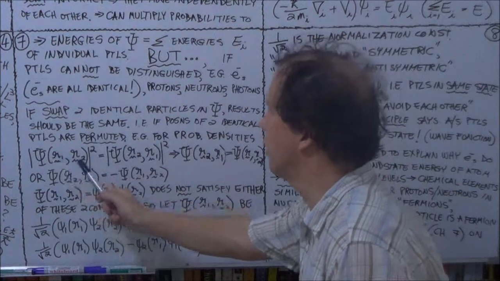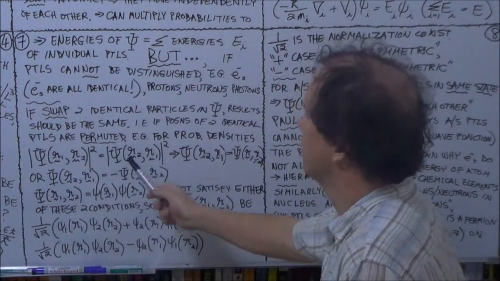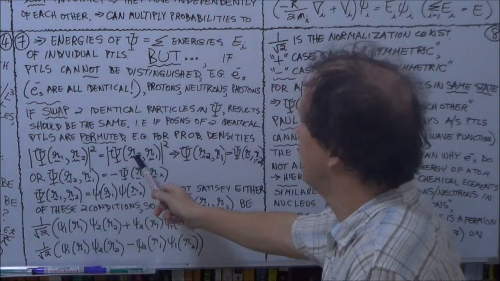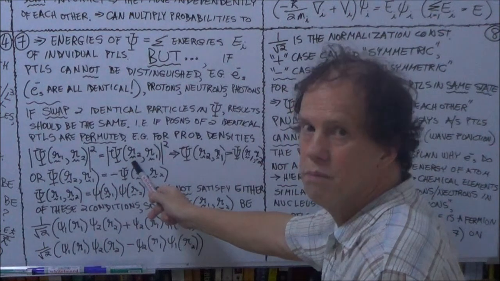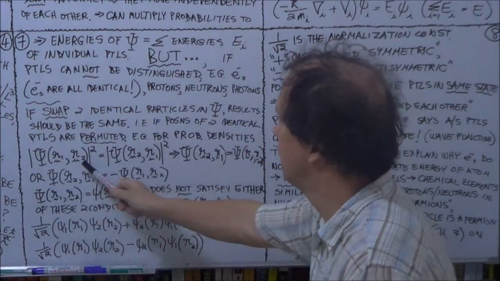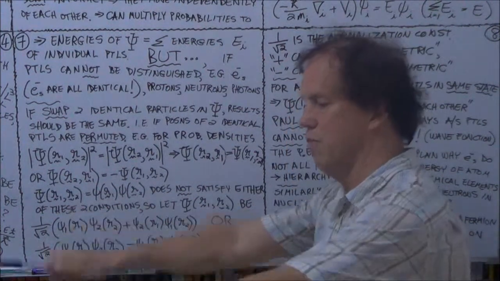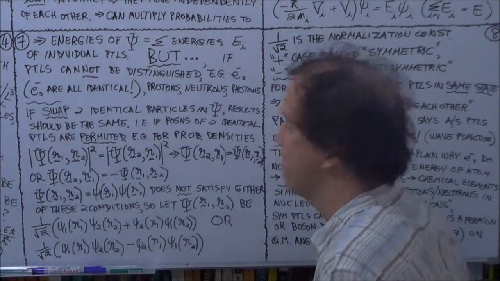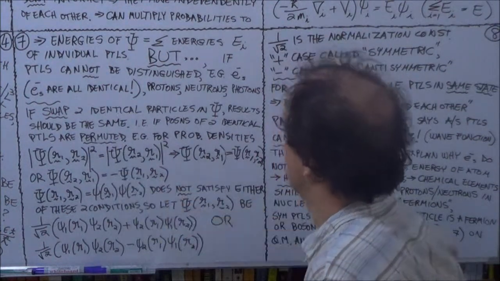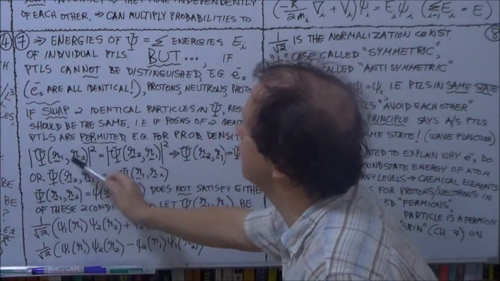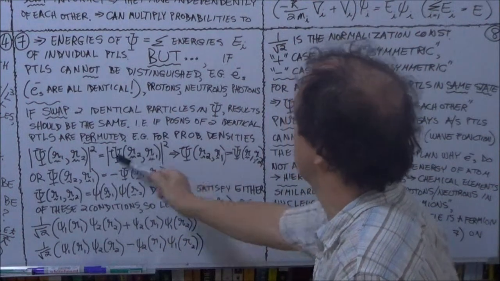So if you're swapping around the 2 particles, particle 1 now is at position 2, and particle 2 is now at position 1. You just took the 2 particles and swapped them. Okay, so you should get this. So the square of this should be equal to the square of that.